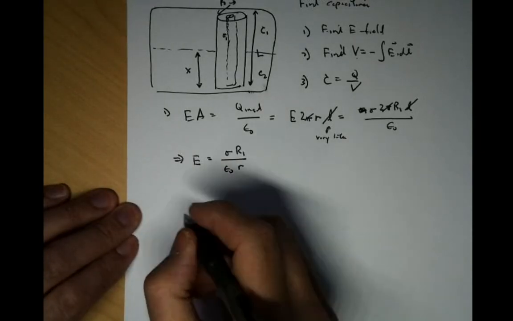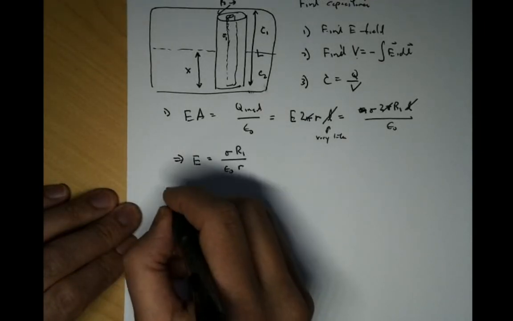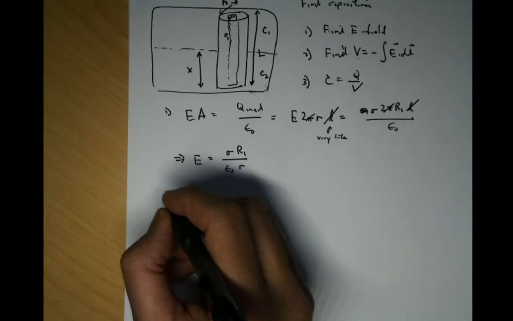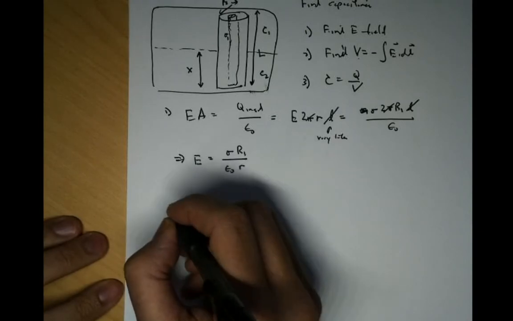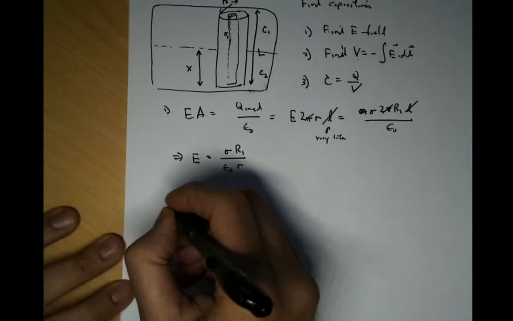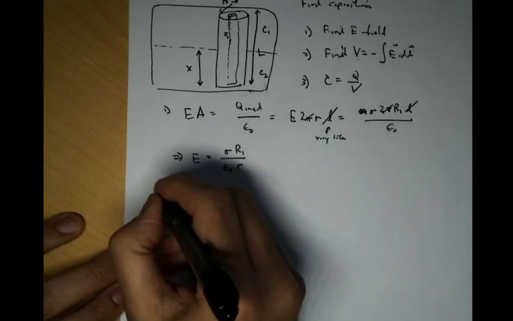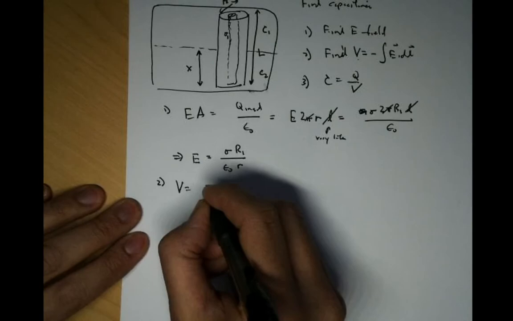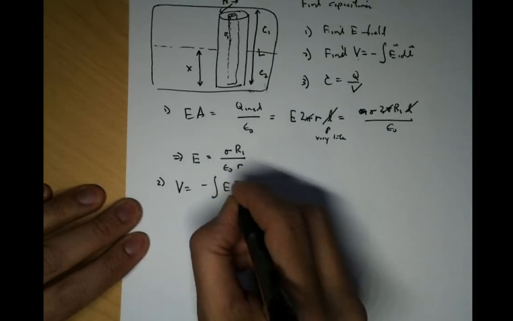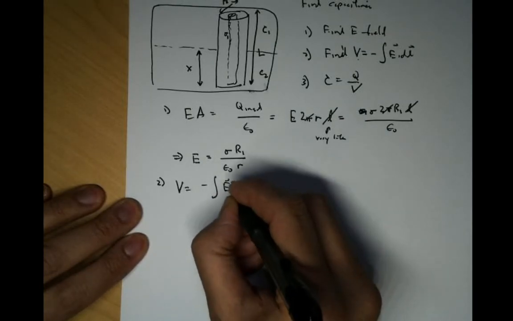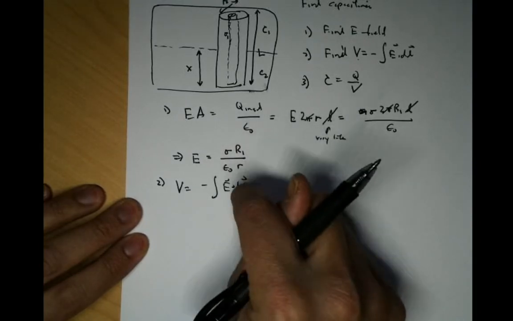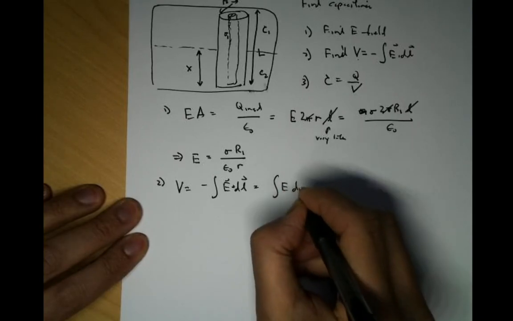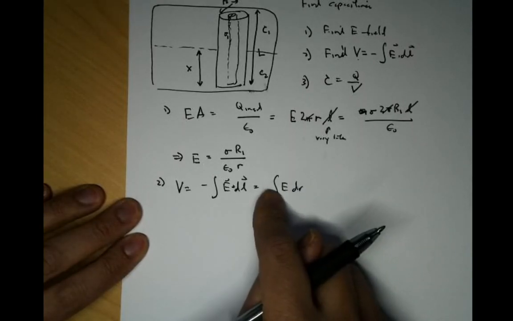Now, what I'm going to do, now that I have this term here, is find V. So number 2. V is equal to minus the integral of E dl. This is all in the r hat direction. This one would just be dr, so it'd be the integral of E dr. I'm dropping the minus sign here because I feel like it.